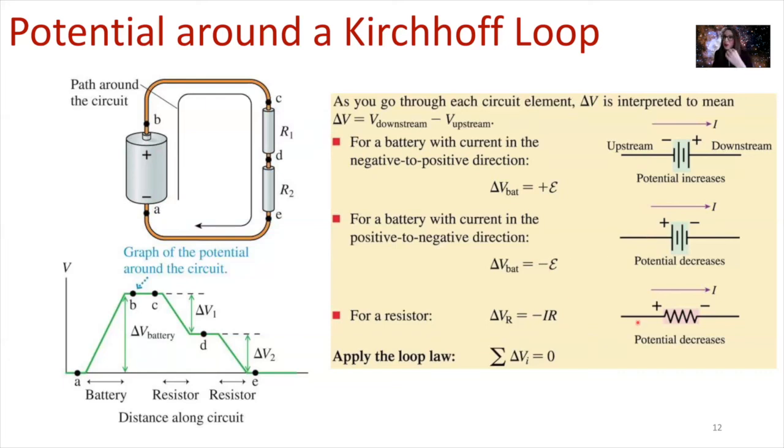Now, if we're traversing that Kirchhoff loop and we're moving through a resistor in the direction of current, we're going to decrease our potential. So when we move through this resistor here, we're decreasing our potential. You could put a voltmeter on either side of this resistor and get the potential across it. But we also know that that potential is equal to the current times the resistance.